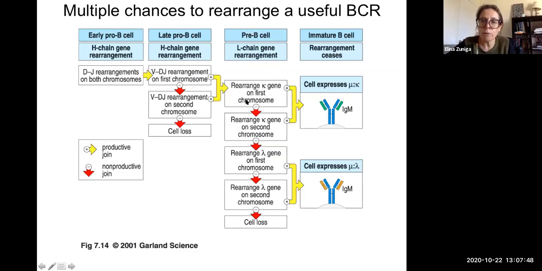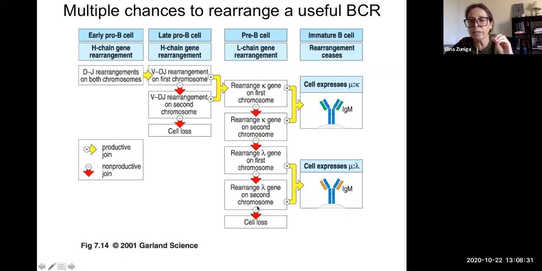In this next step of development, they will start rearrangement of the immunoglobulin light chain. First is the rearrangement of the kappa gene in the first chromosome. That's how it starts. If this is successful, this will combine with the mu heavy chain and will form an immunoglobulin M. And if that's a productive BCR, the cell will pass this pre-B cell checkpoint, and three things will happen.